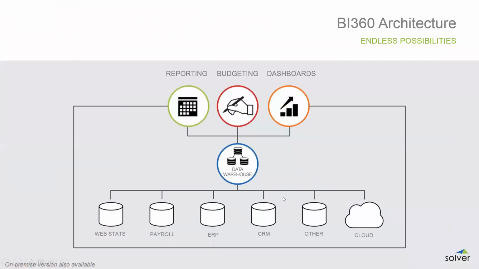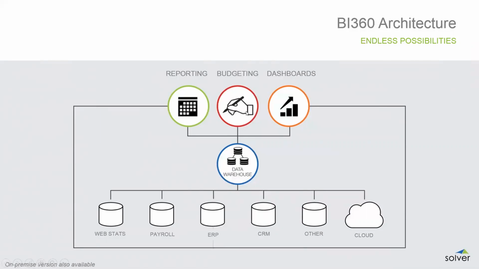Whether the data source is CRM data, an ERP, payroll, or web statistical data, or even data that's living in your spreadsheets, you can compile it all together and push it into our data warehouse. And then from here, as you can see, we have our reporting engine, the budgeting engine, and our dashboarding engine that can pull all of the data out from the data warehouse.